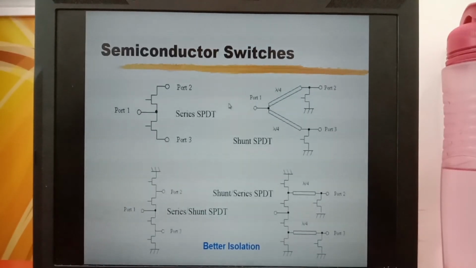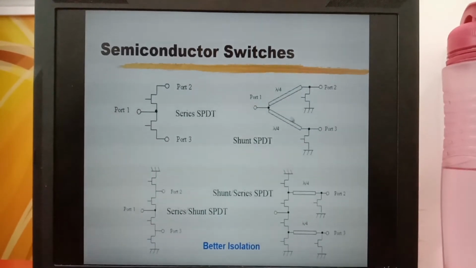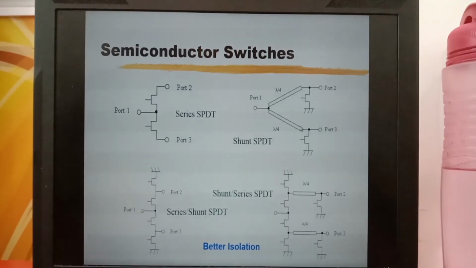We can improve the performance using a shunt configuration. In this case, we make use of a quarter wave transformer. If the signal at port 1 is to be transmitted to port 2, transistor number 1 is turned off so that it is equivalent to an open circuit, whereas the second transistor is turned on so that it is equivalent to a short circuit or a very low resistance.